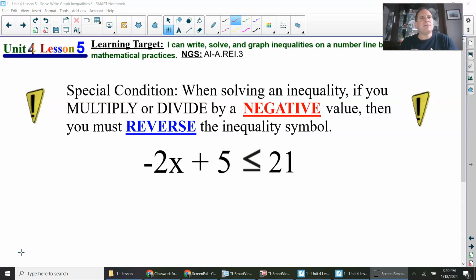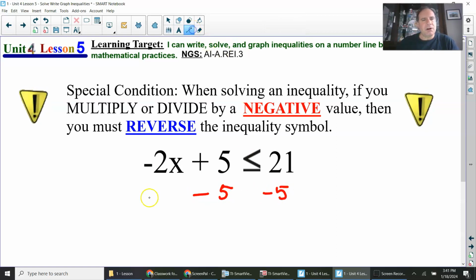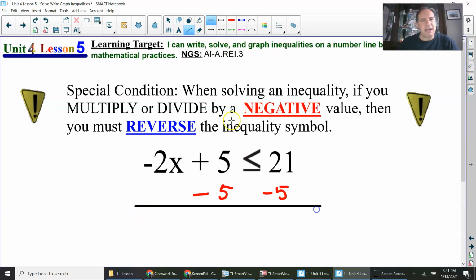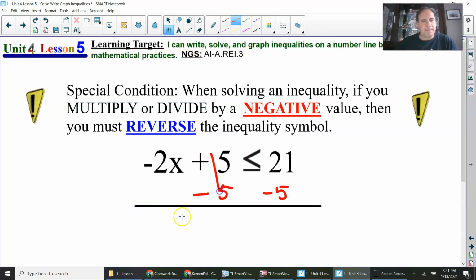Right? You see the negative 2x there, and you know what the first step is, to subtract 5 on both sides. So if you subtract 5 on both sides, you know that you are going to get negative 2x is less than or equal to, and that is going to be 16.